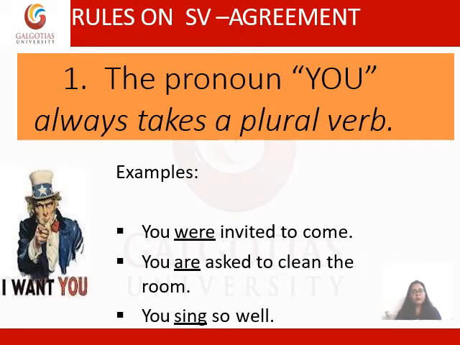Now, I hope the concept of subject, verb, number and agreement is clear to you by now. So we have discussed in detail what is subject, what is verb, what is number and what is the agreement of subject and verb with respect to number.